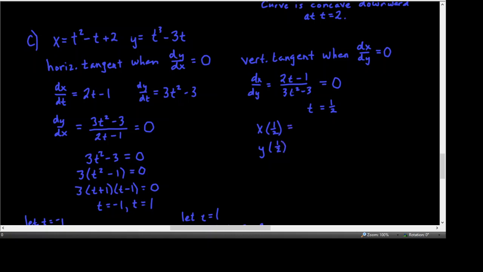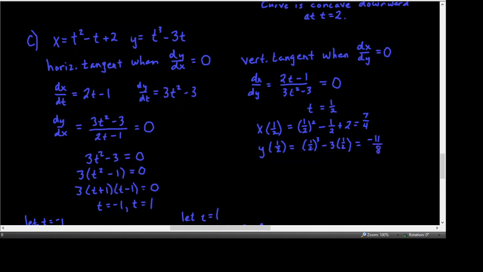So x will be 1/2 squared minus 1/2 plus 2, which simplifies to be 7/4. And then y is 1/2 cubed minus 3 times 1/2, and that simplifies to be -11/8.